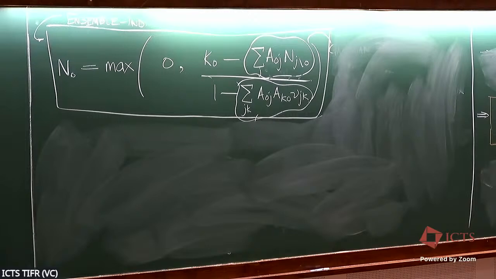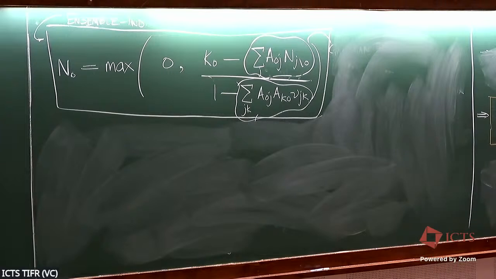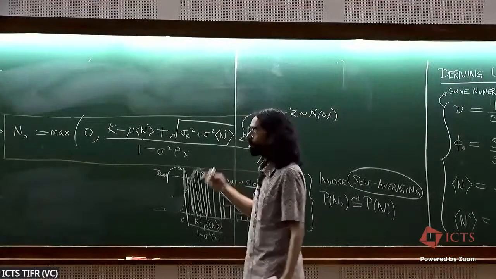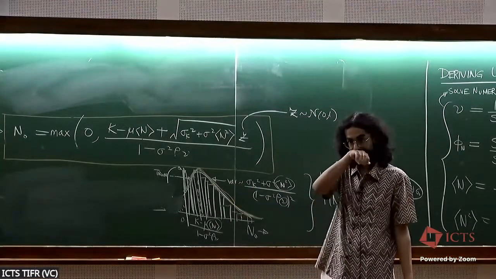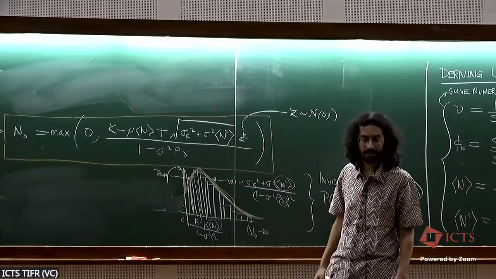So what was the idea of feasibility? It's a situation in which the abundances are all well-defined numbers that are non-negative and finite, right? Will this solution always give you something that's finite? Can you see a problem that might occur at some point?